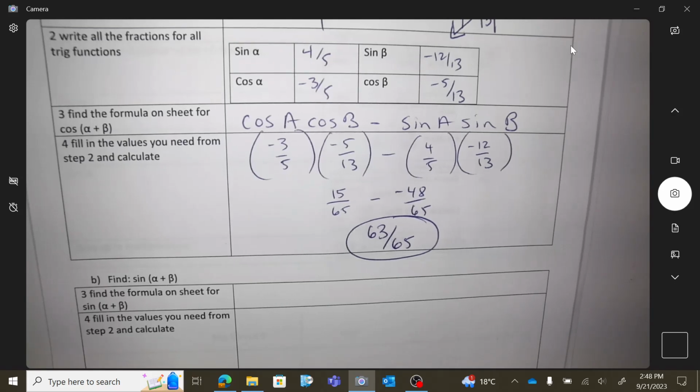So really just be careful with your plus, minus, integer math stuff, I guess.